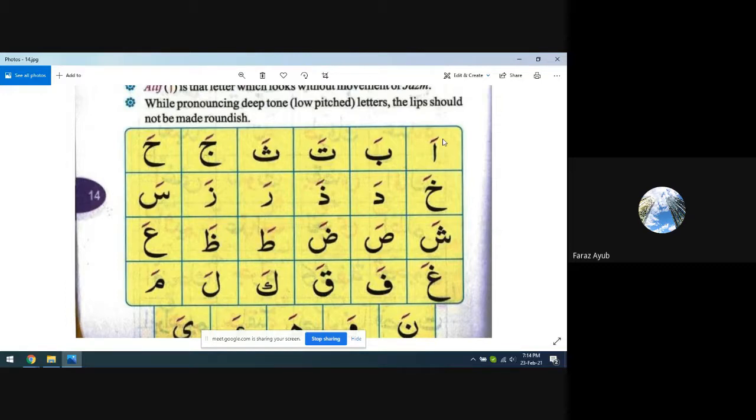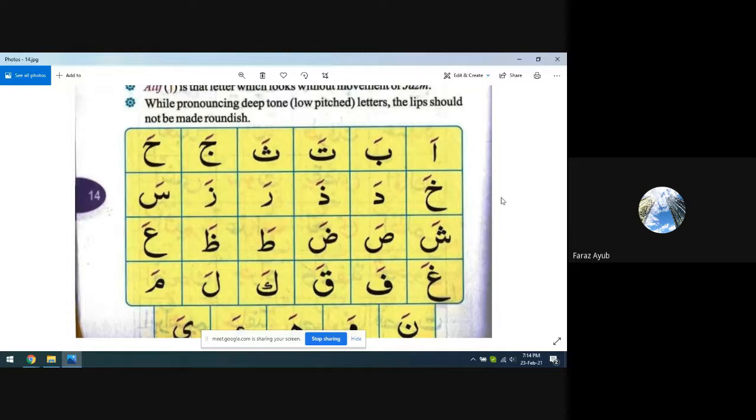The voice of fatha or zabar is a. One more thing is that alif and hamza are different things. When any sign like zabar, zer, pesh, do zabar, do zer, do pesh, or jazam comes on alif, it will become hamza. So without any sign it is alif, and with a sign it is hamza.